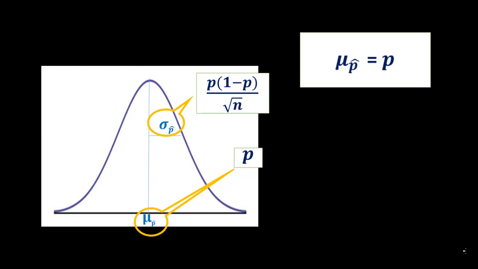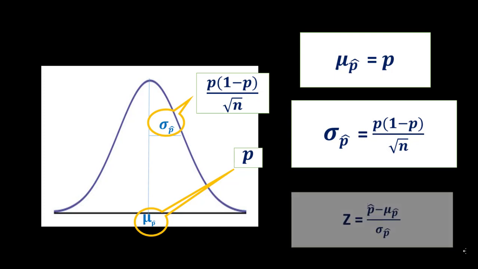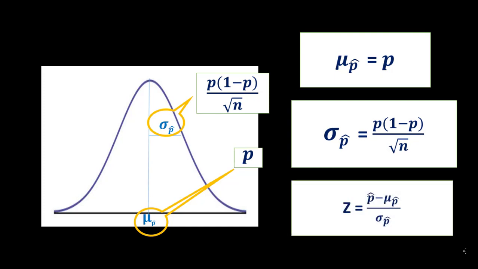I am just writing it down again for the sake of convenience. So the mean of sample proportion is p and the standard deviation of sample proportions is root of p times 1 minus p over n.